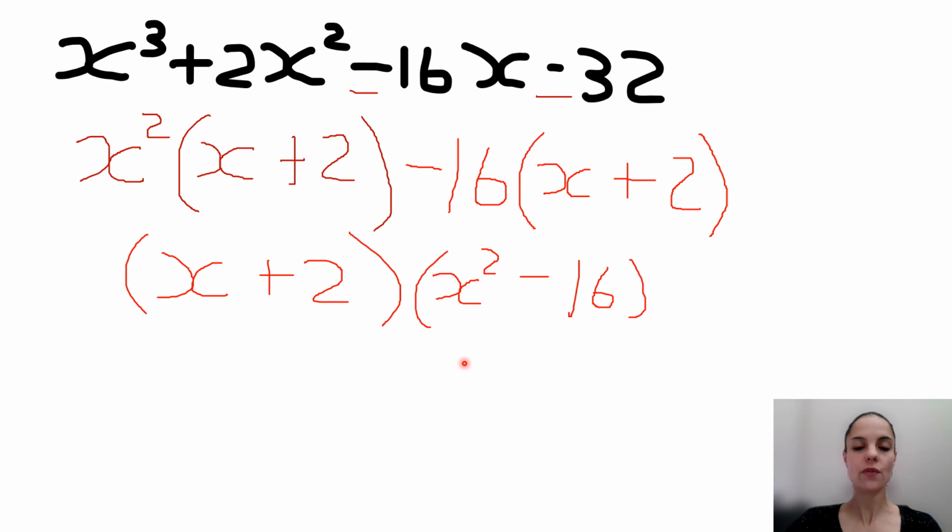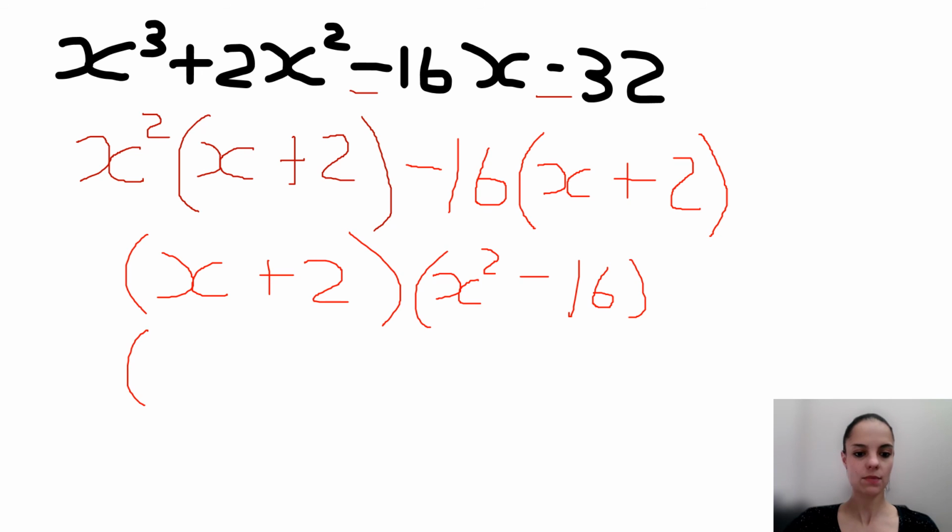Now, you will think you are finished, but you are not. So the first rule would be, can I take a common factor out? No, there is nothing common to take out. But the second rule is, can it be factorized further? Yes, in this instance, x squared minus 16 can be, because it is a perfect square.